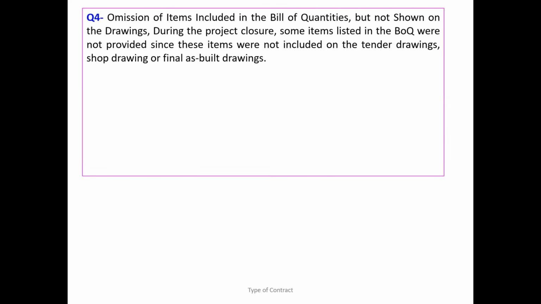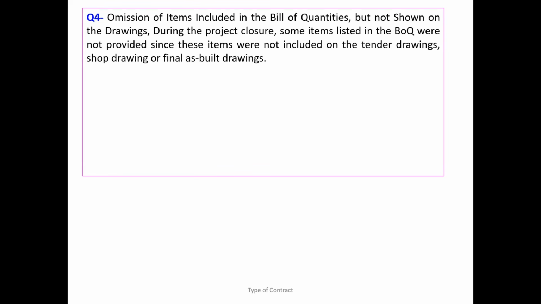Now, omission of the item. Say some items in the BOQ are omitted. Included in the bill, but not shown on the drawing. So when the project is going to be closed out, the employer comes up and says, look, Mr. Contractor, these BOQ line items never happened.